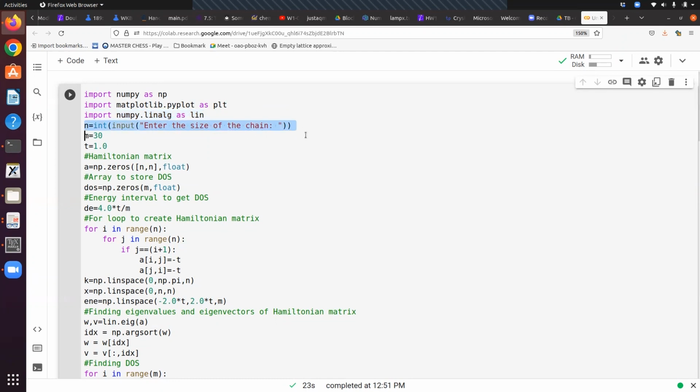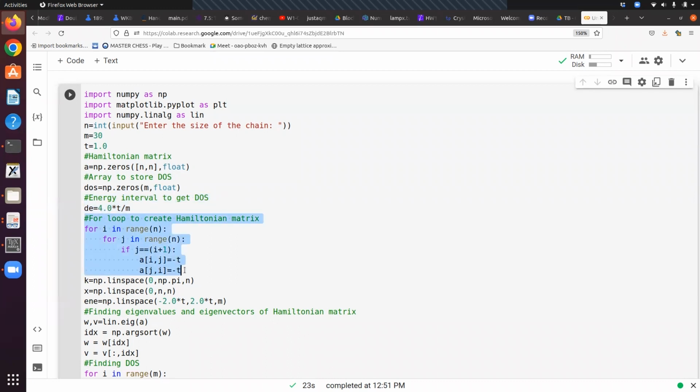This is where the code asks for the size of the chain. That is, you have to enter the number of atoms in the linear chain. M is the number of intervals for DOS calculation. The Hamiltonian matrix is defined here. This is the array for storing density of states. This is the energy interval for density of states calculation.